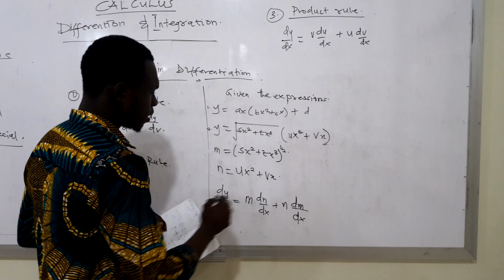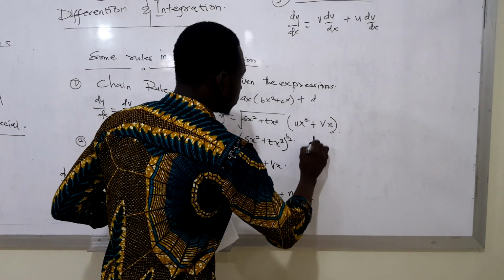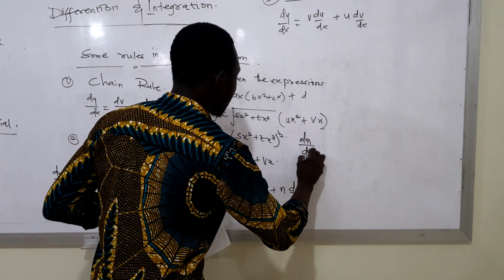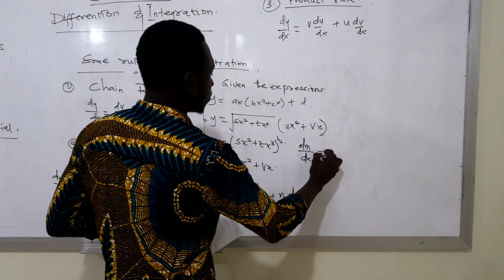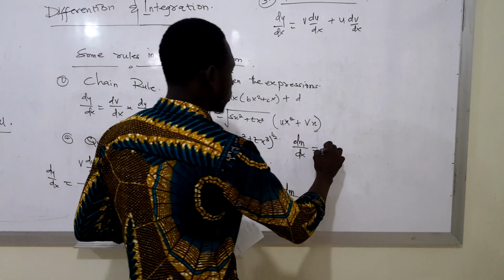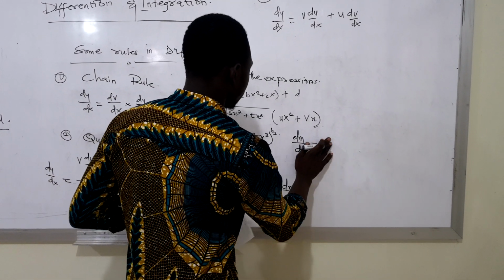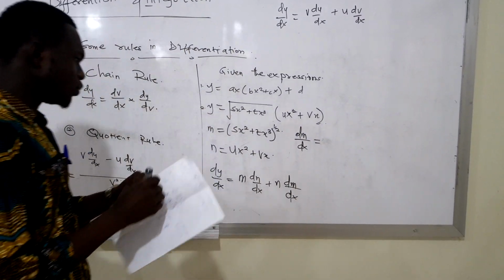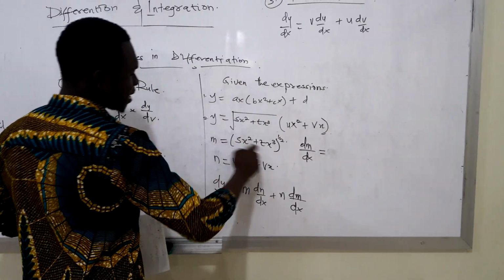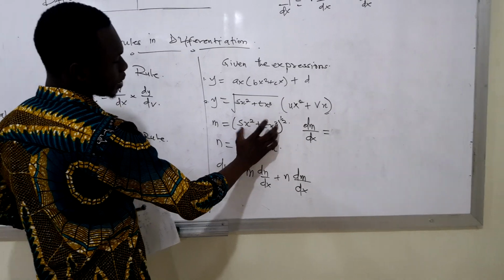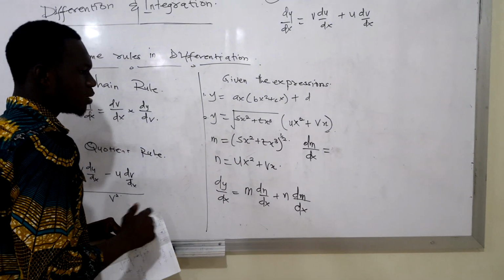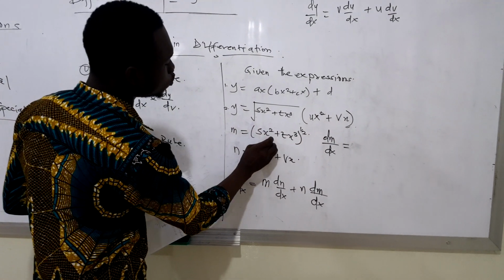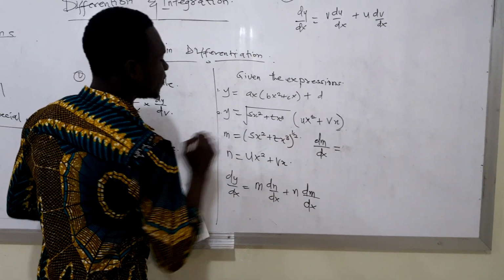So in that case, now my dm/dx implies, and what can we see over here? There is another expression that we can form from this one. We can use the chain rule to solve this function.